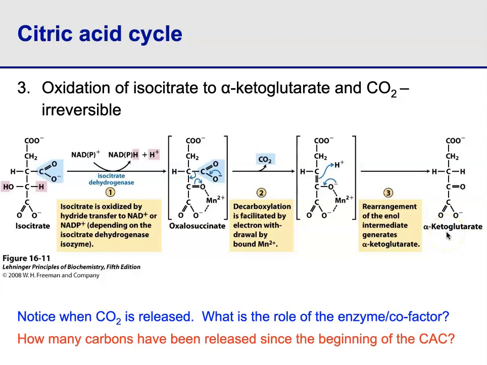So how many carbons have been released since the beginning of the citric acid cycle per molecule of acetyl-CoA? This is the first. So this is the first of the two carbons that are part of each acetyl-CoA molecule.